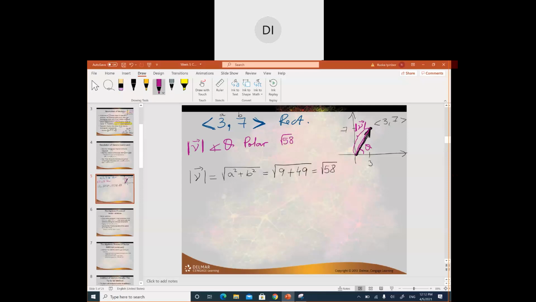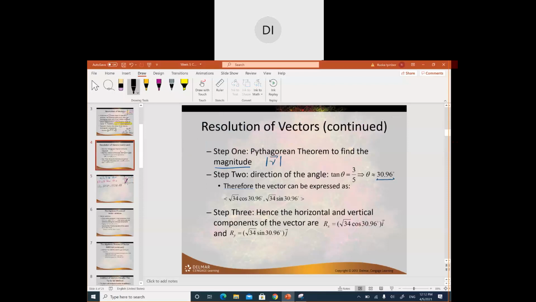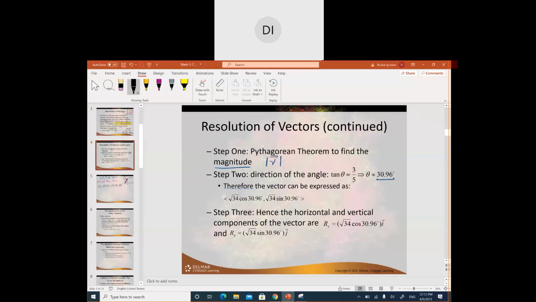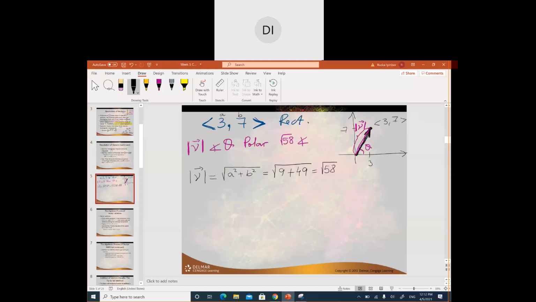And then I need to find the angle, and I'm going to use the same formula we did last time. This is your formula: tangent inverse of, now which one was A? B over A. So we're going to put theta.